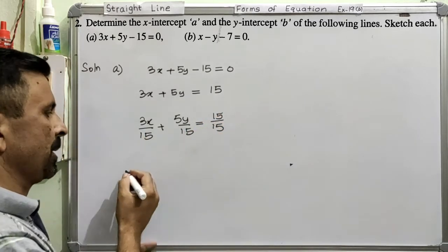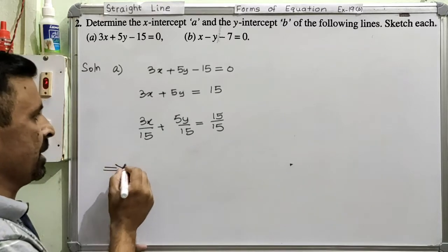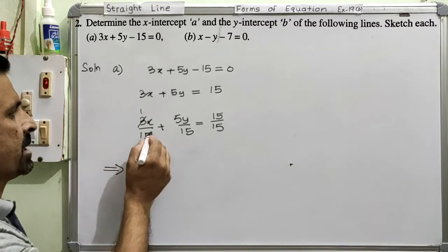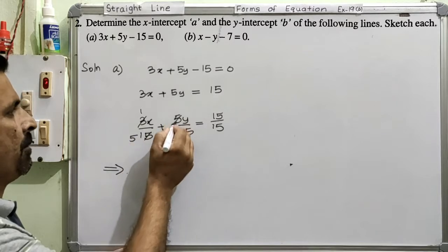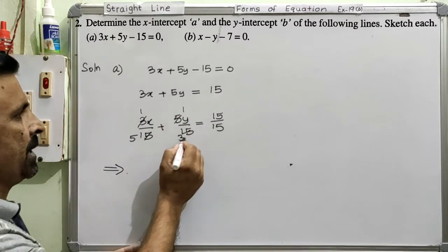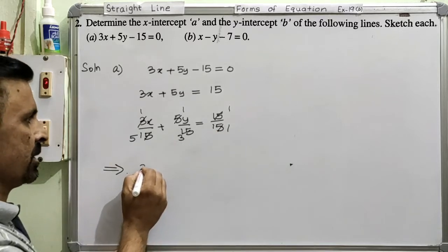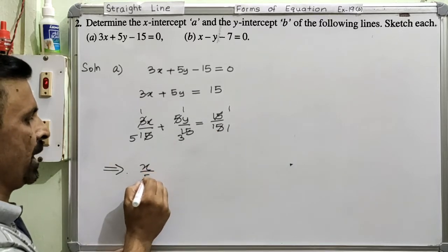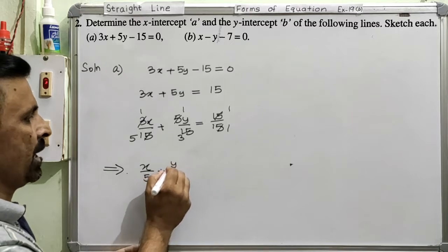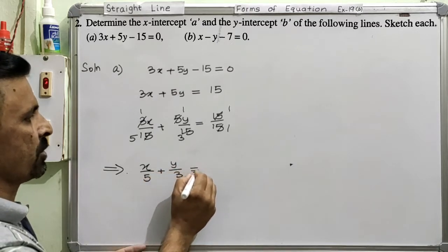Now simplify this. 3 1s are 3 and 3 5s are 15; 5 1s are 5 and 5 3s are 15; 15 1s are 15. Equation is done. So this is finally x over 5 plus y over 3 is equal to 1.